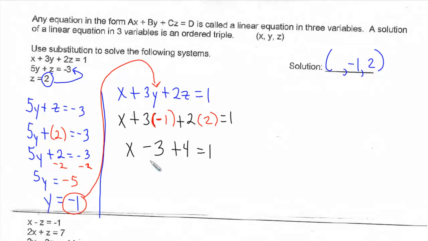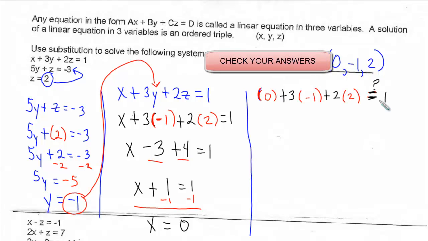Combine like terms, and negative 3 plus 4 becomes 1, so x plus 1 equals 1. Subtract 1 from both sides, and x is equal to 0.